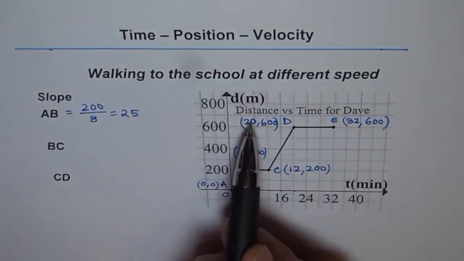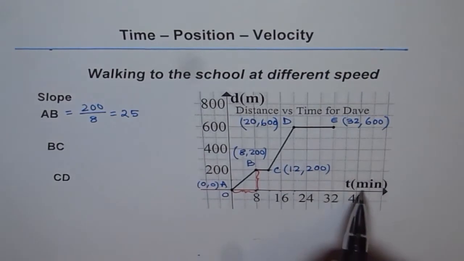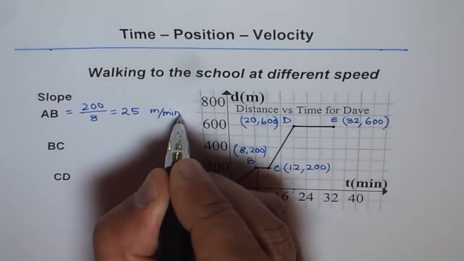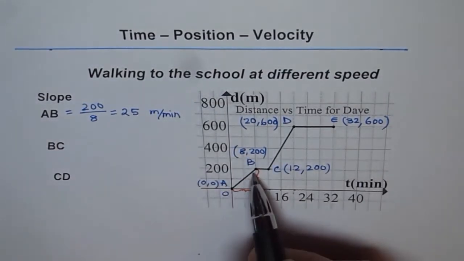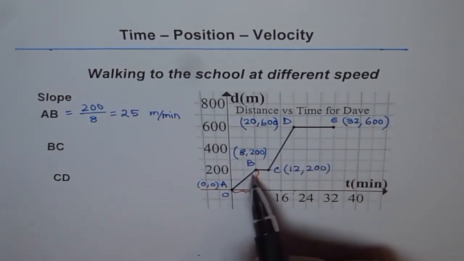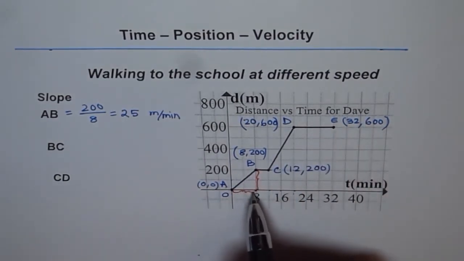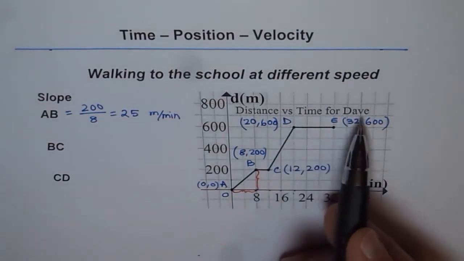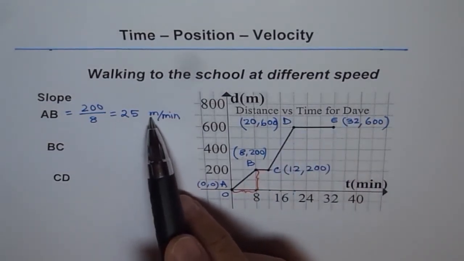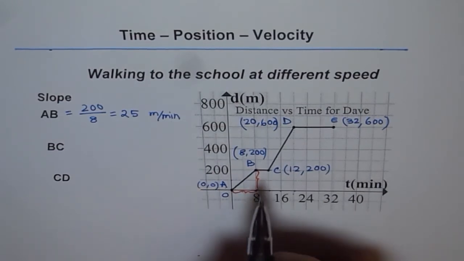The units are unit of distance, which is meters, and unit of time, which is minutes. So we get units as meters per minute. So that slope actually gives us the speed of Dave along AB, right? So in the first 8 minutes, Dave is moving at a constant speed of 25 meters per minute, right?